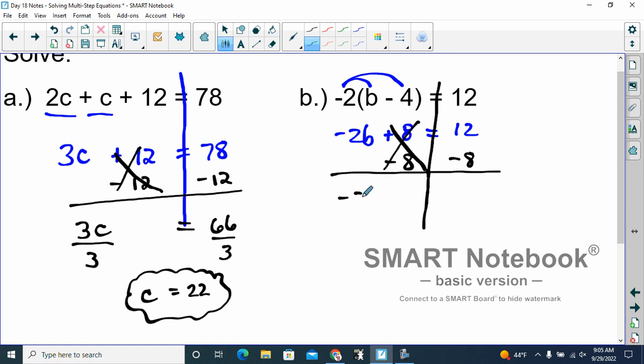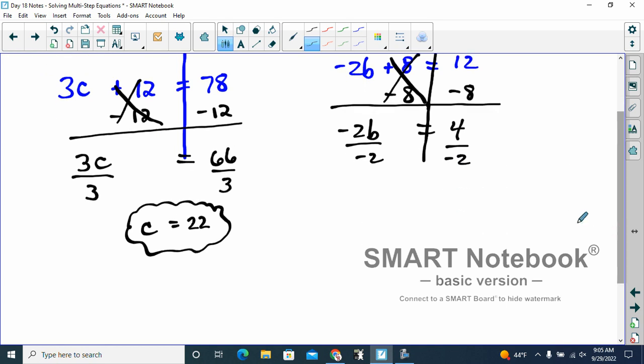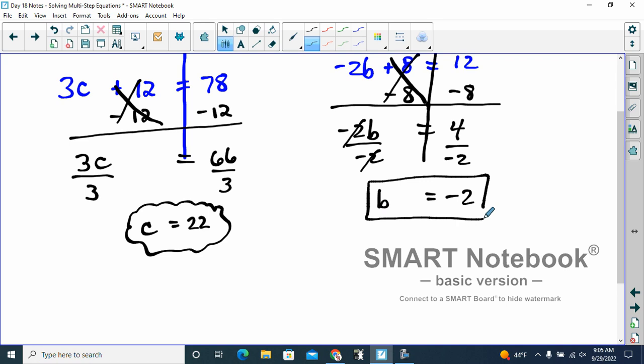My negative 2b comes down, equals 12 minus 8. This means negative 2 times b. We cancel out multiplication with division. I get b equals positive divided by negative, 4 divided by 2. b equals negative 2.